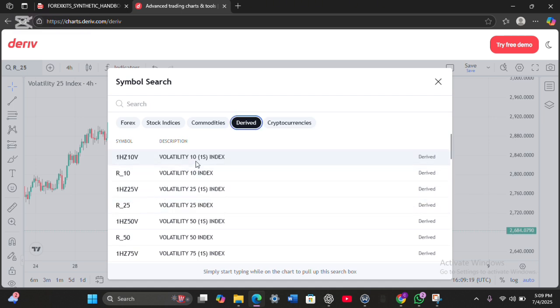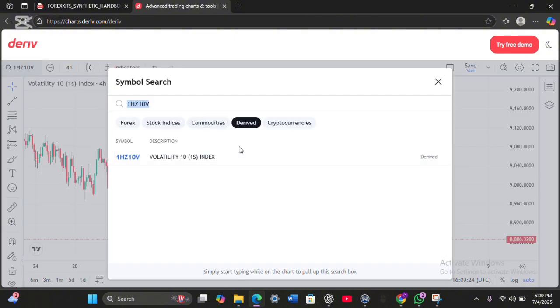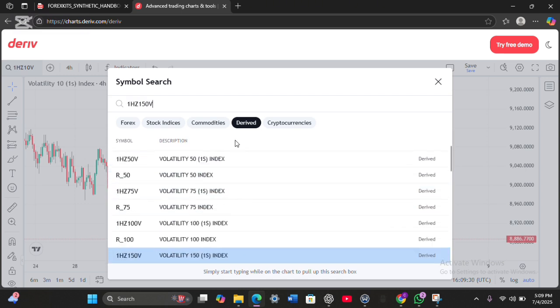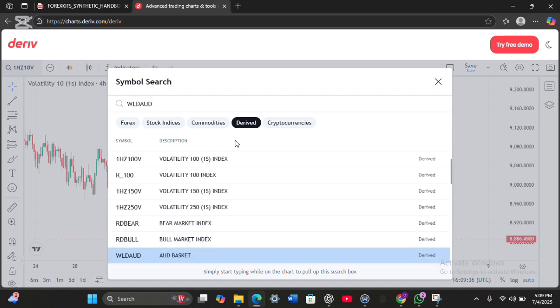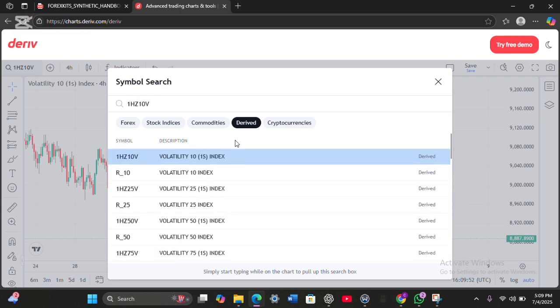You can see we have volatility 10, 25, 50, 75, 100. As the number progresses, so does the volatility. Aside from that, we have other synthetic instruments like the boom and crash. The most common one is volatility, which is the most traded one, and that is what I'll be focusing on. So see you in our next class.